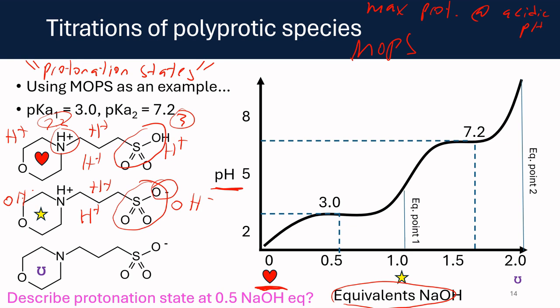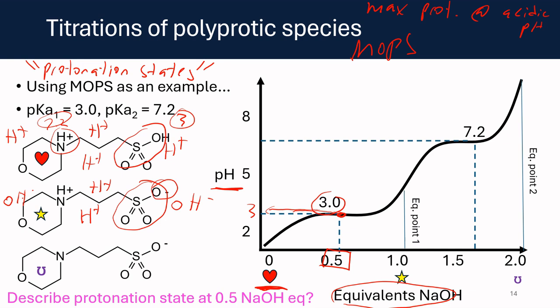Now, how would you describe the protonation state at 0.5 equivalents sodium hydroxide right over here? Well, look at the graph. We're going to follow up, and we are in the middle of the plateau region or the buffering zone region. We're going to move over to the y-axis, and oh look, the pH value is 3.